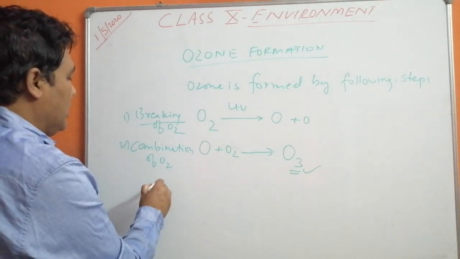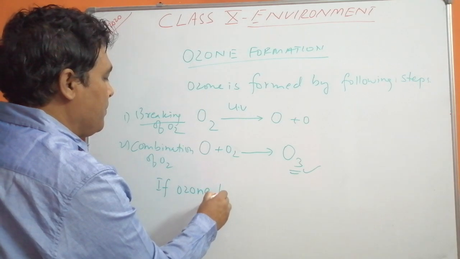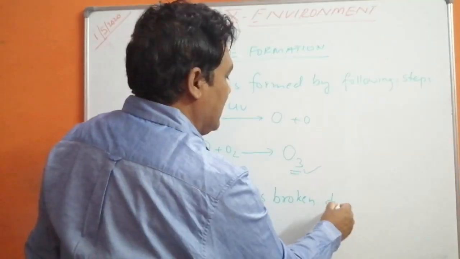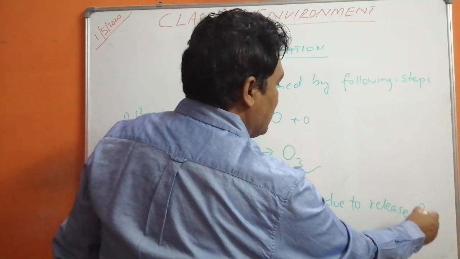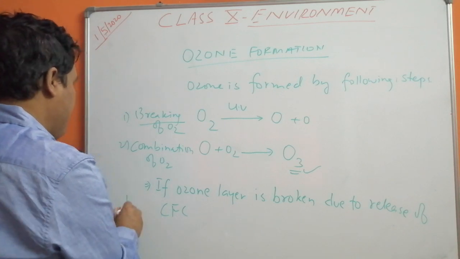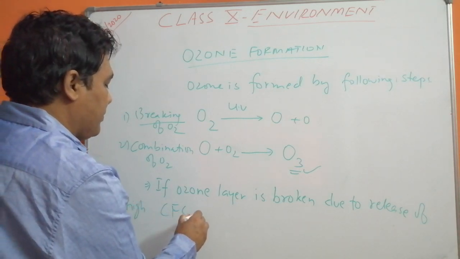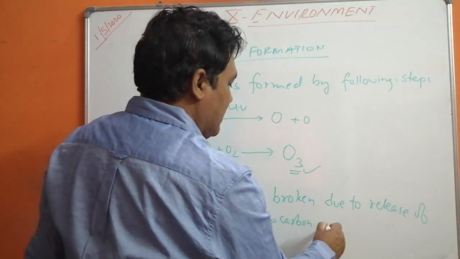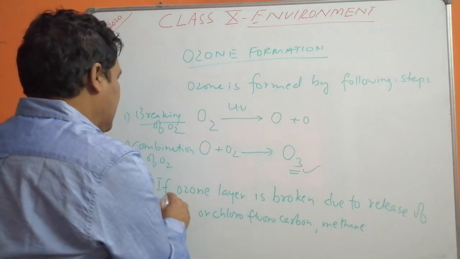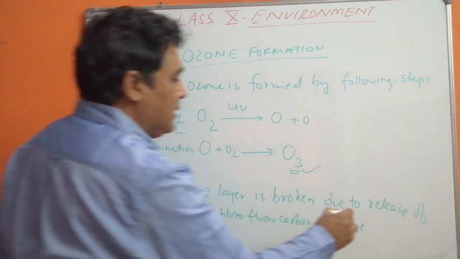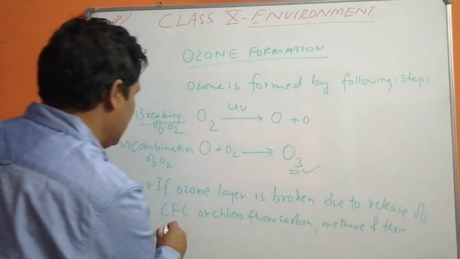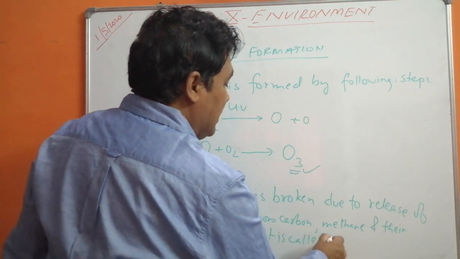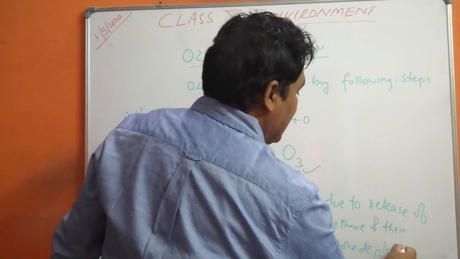Now, what steps should be taken? If the ozone layer is broken due to release of high CFC, or chlorofluorocarbon, and their reaction with O3, it is called ozone depletion.